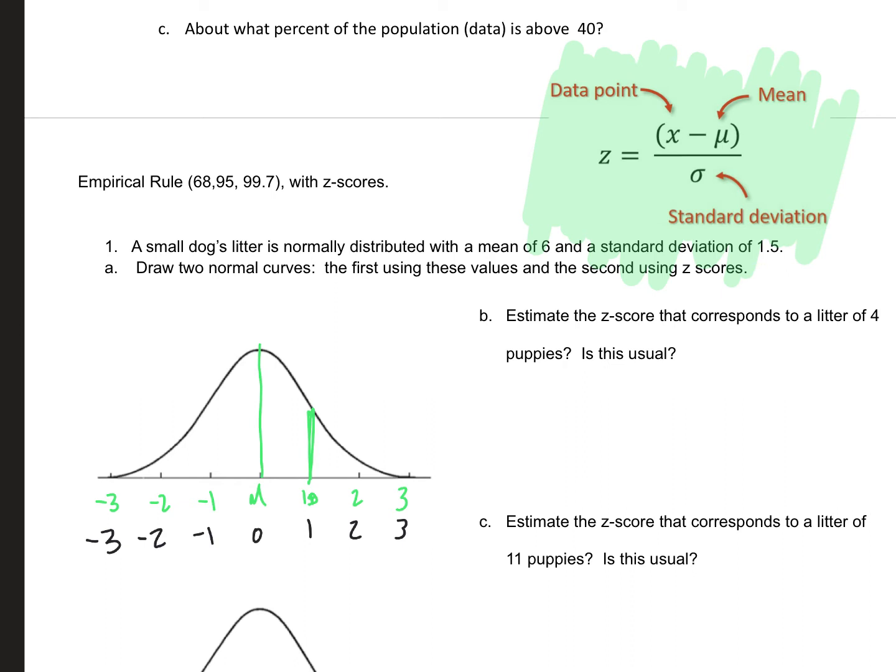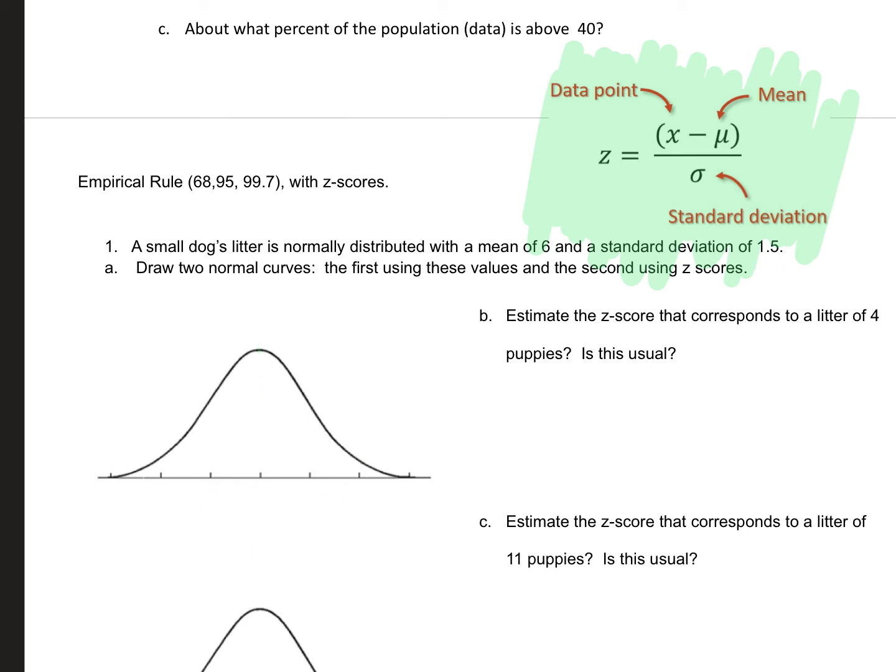But a z-score will not only tell us our values, a z-score is also going to tell us the values between. So if it doesn't land perfectly on one of these standard deviations, maybe somewhere in the middle here, we can calculate the percentage that works in there. Let's just take a look at some of these examples.